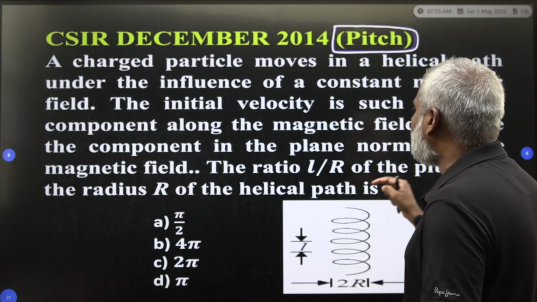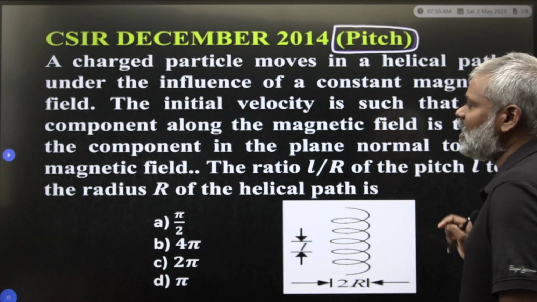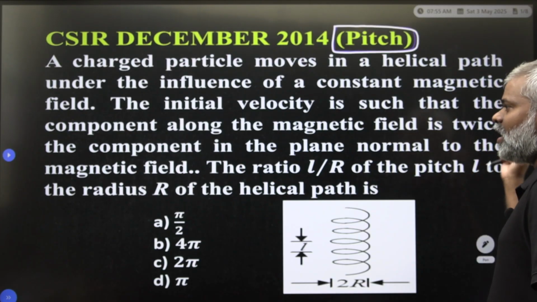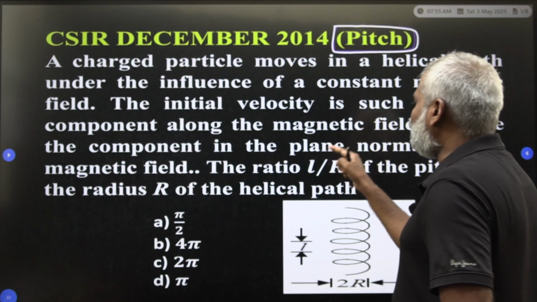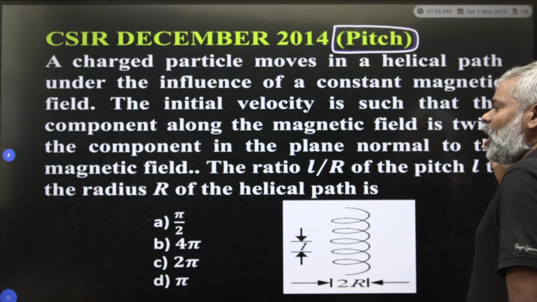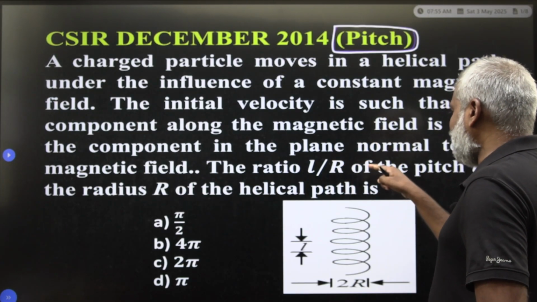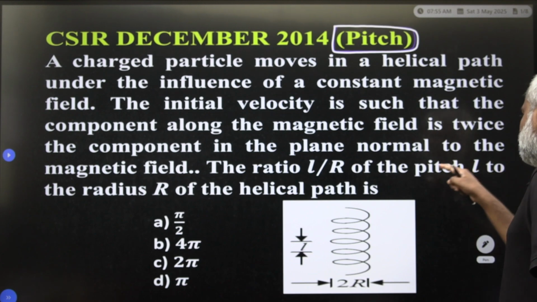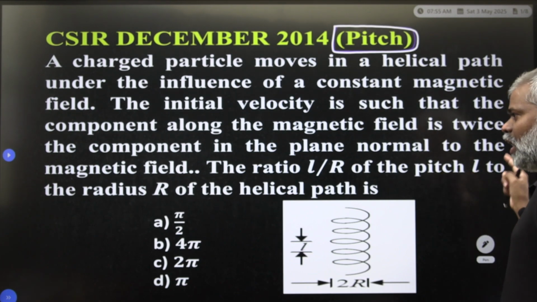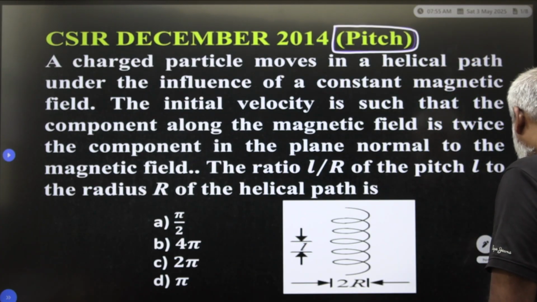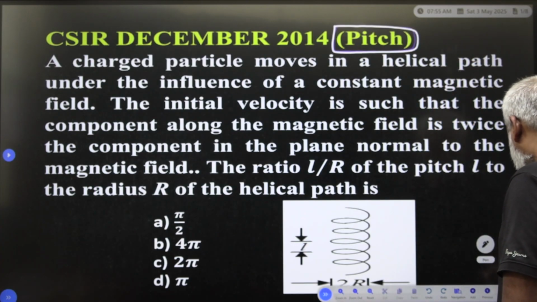The initial velocity is such that the component along the magnetic field is twice the component in the plane normal to the magnetic field. So, the ratio of L by R, where L is the pitch and capital R is the radius of that helical path, is what? Let us try to understand what data they are giving.